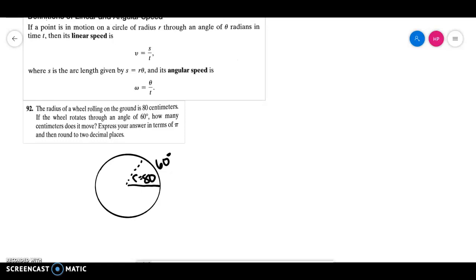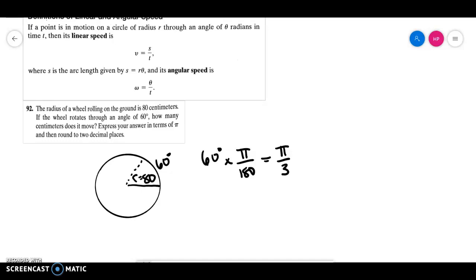I have my 60 degrees. And if I think through what that would be in radians, I have to convert by pi over 180. 60 divided by 180, or 6 over 18, reduces to a third. So that angle is the same thing as pi over 3.